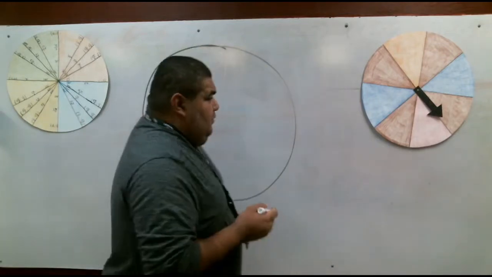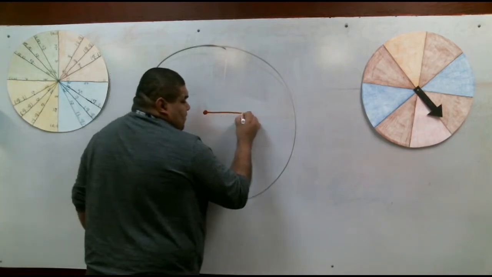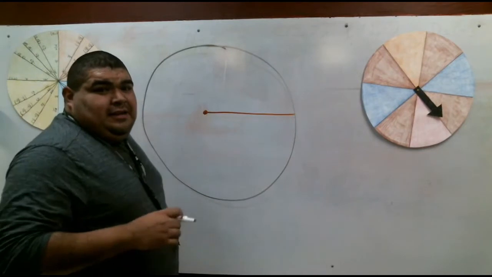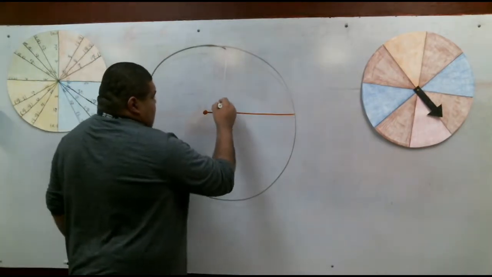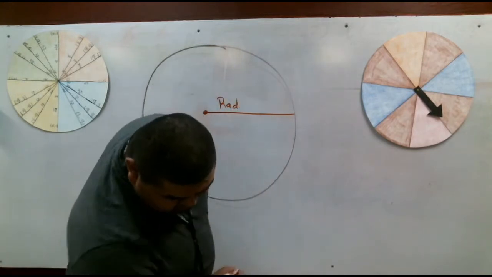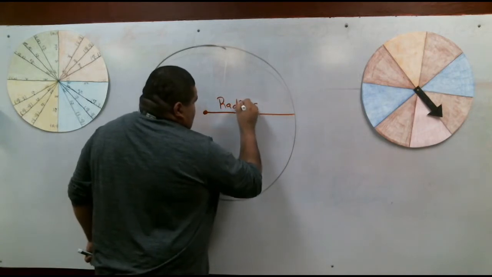So we have this line that goes from the center to the edge. This is called a radius. It's called a radius.